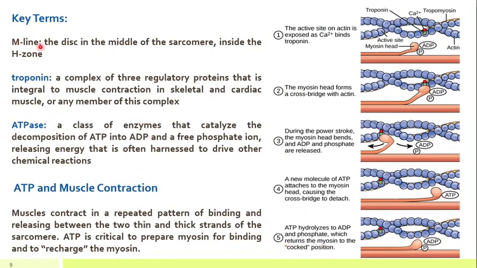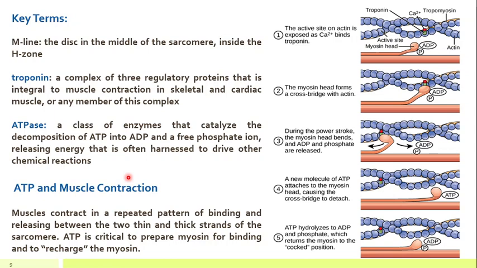Now, the M line is the disc in the middle of the sarcomere inside the H zone. Troponin is a complex of three regulatory proteins that is integral to muscle contraction in skeletal and cardiac muscles. ATPase is a class of enzymes that catalyze the decomposition of ATP into ADP and a free phosphate ion, releasing energy that is often harnessed to drive other chemical reactions.